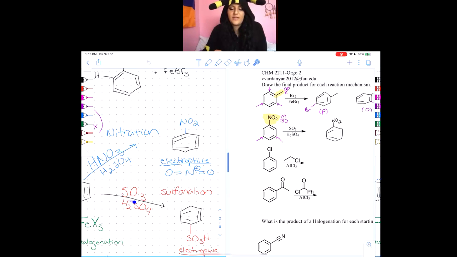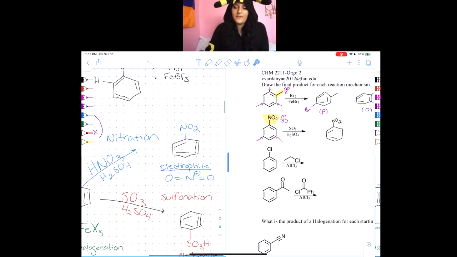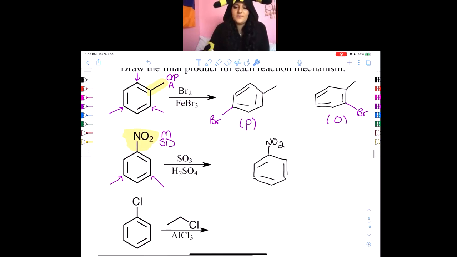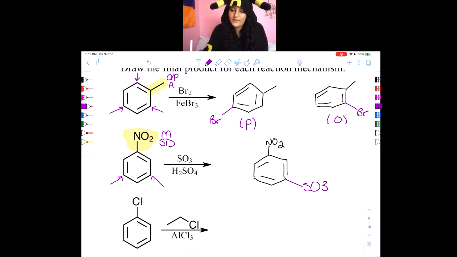And for sulfonation, it's SO3, but you're adding SO3H. Make sure you review that a couple times because he will definitely try to trick you by adding the wrong group. Like he'll have one answer choice that has SO3H and the other one will be like SO3. The other one would possibly be like SO2, whatever. So in this case, we are going to add SO3H.